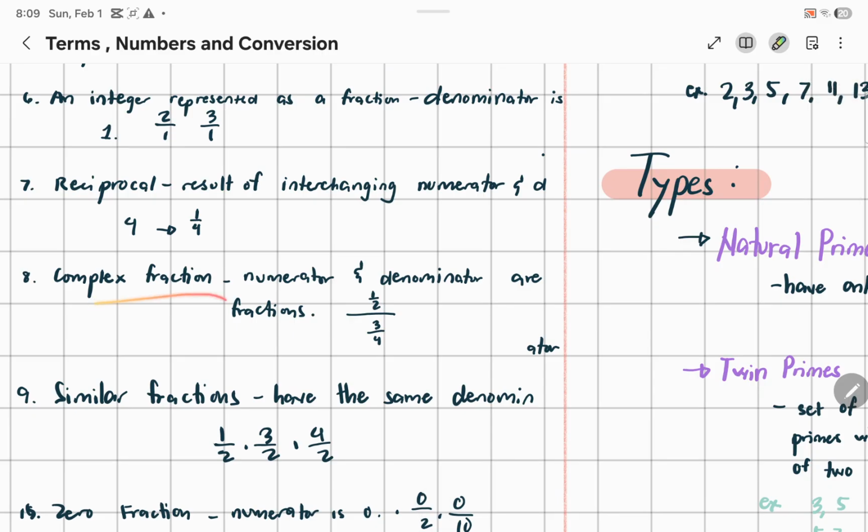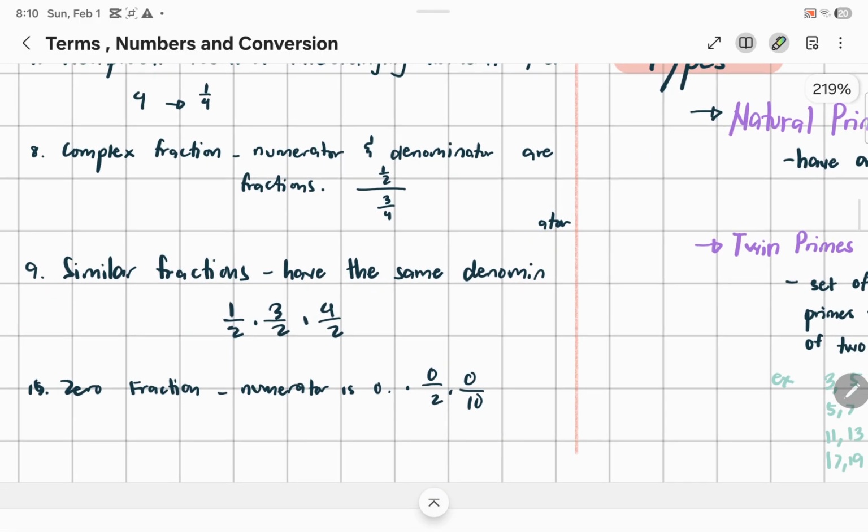Next, complex fractions. Numerator and denominator are fractions, just like this one. 1/2 is the numerator, and then 3/4 is the denominator. Next, similar fractions have the same denominator.